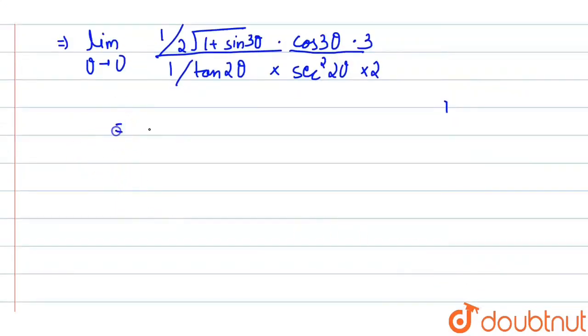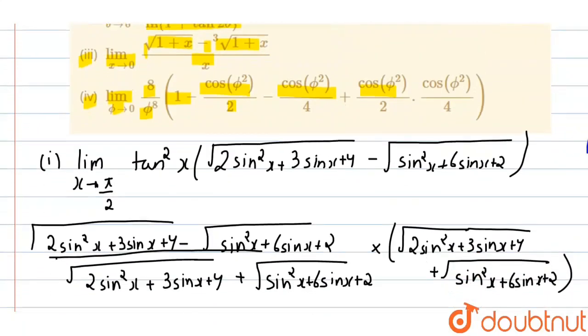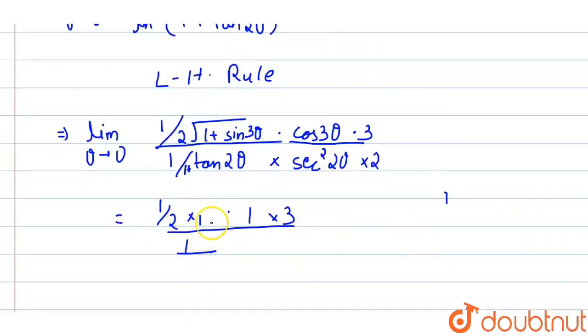Now putting the value 0 in the limit, what we get? We get 1 by 2 into 1, cos 0 is 1, into 3, divided by 1 by 1 plus tan 0 into 1 into 2.